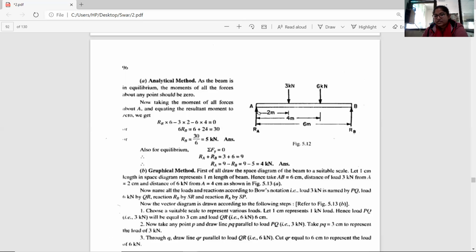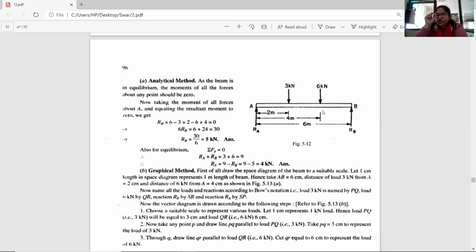Because Ra and Rb are in the upward direction, and this 3 plus 6 are in the downward direction. If I take all the magnitudes on the left hand side, like I said, sigma v equals to 0.